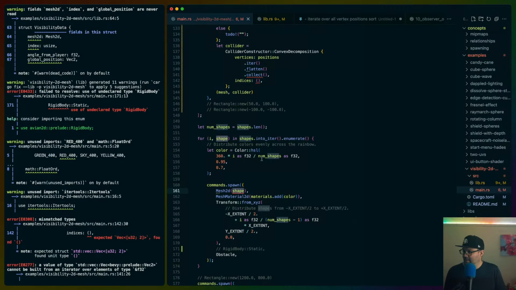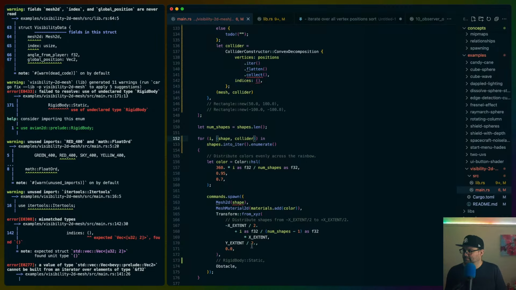So shape here, for shape in shapes.iter. This is actually not going to be what we think it is. This is going to be shape and collider, and we're going to dump collider in here at some point.